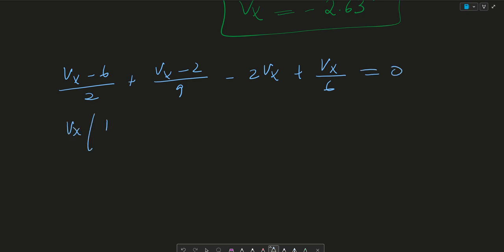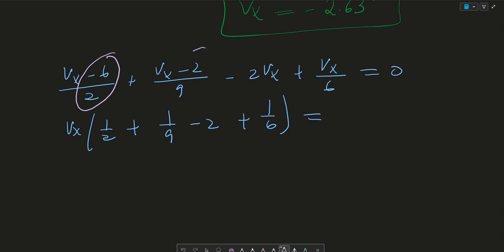I can pull out a Vx. I'm left with 1 over 2 plus 1 over 9 minus 2 plus 1 over 6. Again, this is equal to, this is a negative 3, and this is a negative 2 over 9. So this is positive 3 plus 2 over 9.